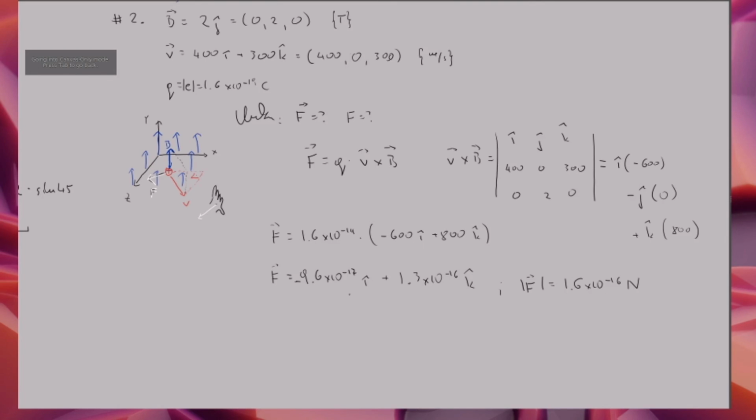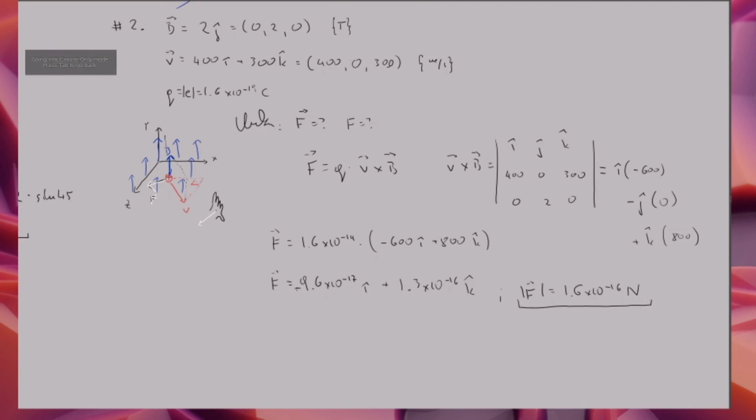Okay, so these would be the answers. Multiply them out. You can restate these vectors in the following form. You don't have to, it's fine as it is there, but it's minus 9.6 times 10 to the minus 17th newtons, comma 0 for the y, and then you have 1.3 times 10 to the minus 16th newtons, and this could be our final answer.